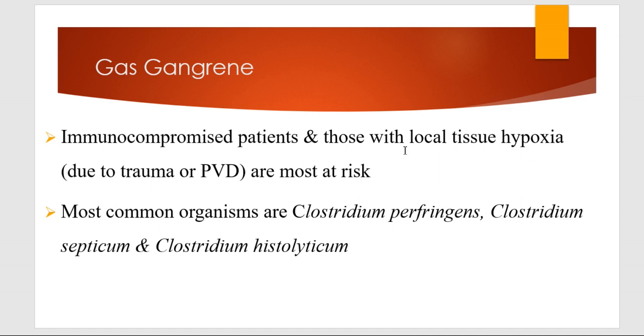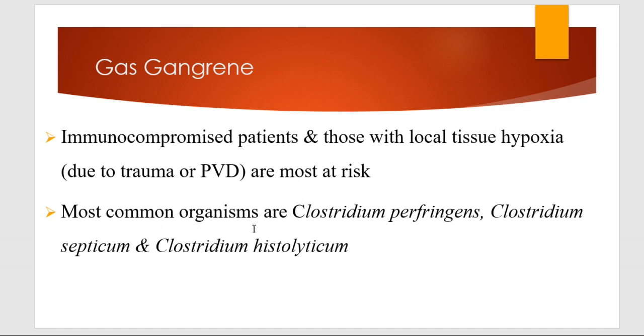And the person having local tissue hypoxia as well as being immunocompromised, they are the most at risk to develop gas gangrene. And why is there local tissue hypoxia? It could be due to trauma or peripheral vascular disease, the Buerger's or Raynaud's, right?